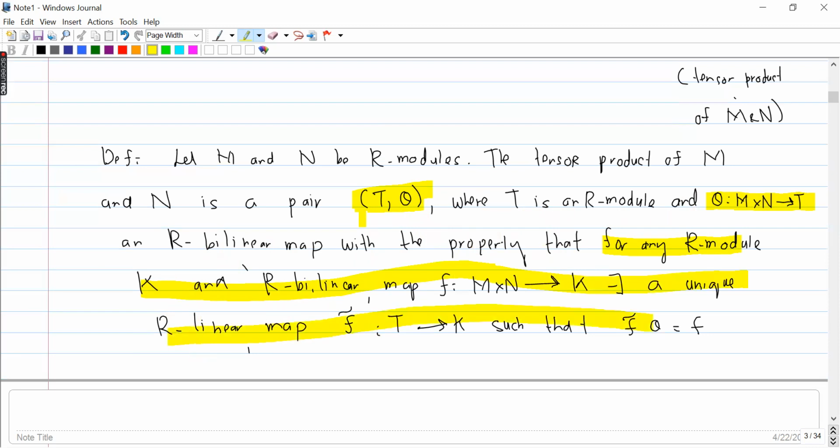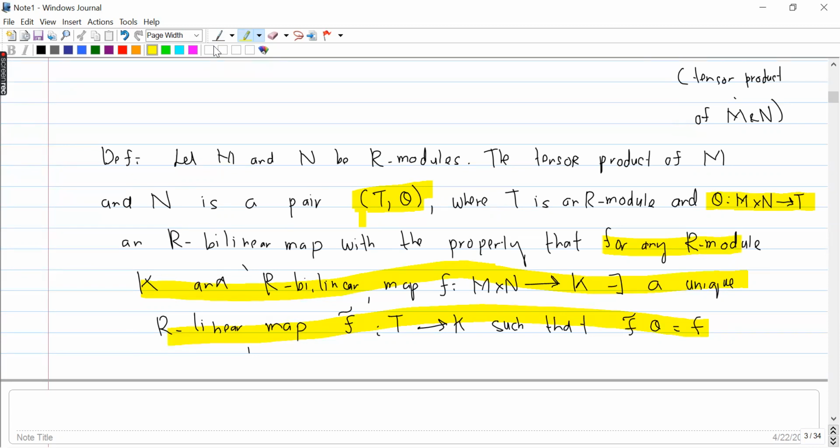So let me try to explain this property. There is a point here: often in algebra, when you go to a higher level, you have to define things with the help of some properties, and these properties are also termed universal properties. Sometimes you have to characterize an algebraic structure with the help of its properties.